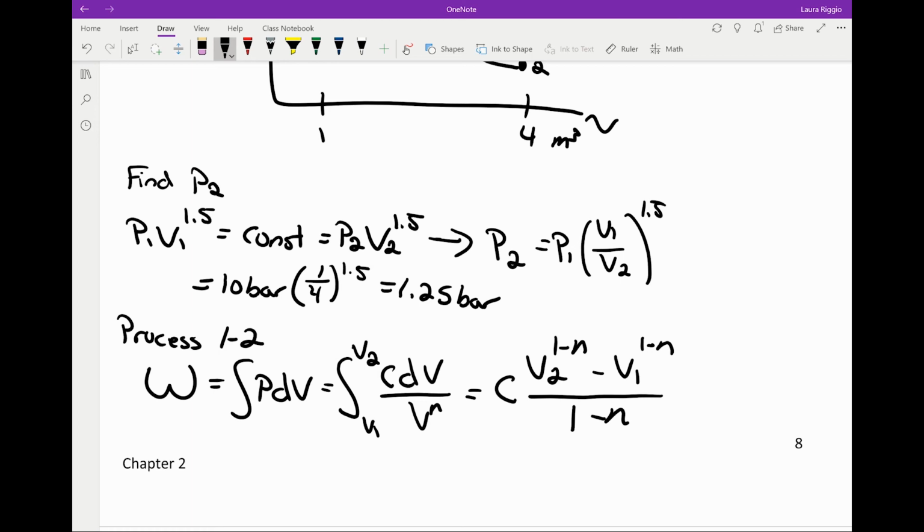Where C is equal to P1 V1 to the n, which is equal to P2 V2 to the n.